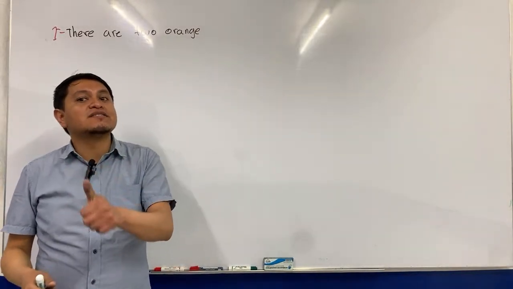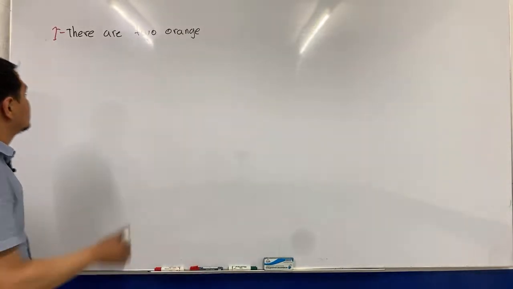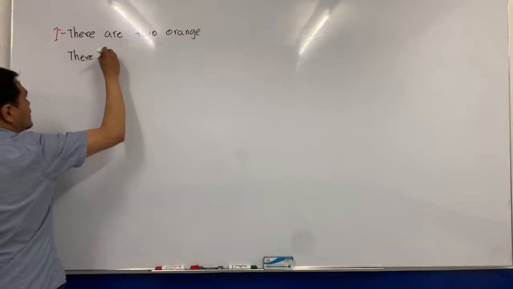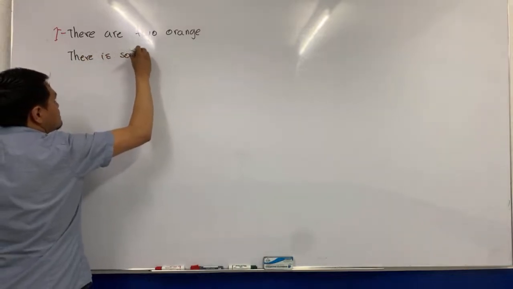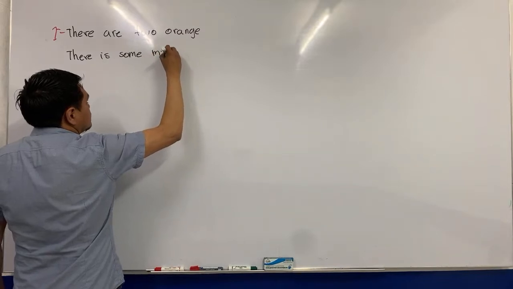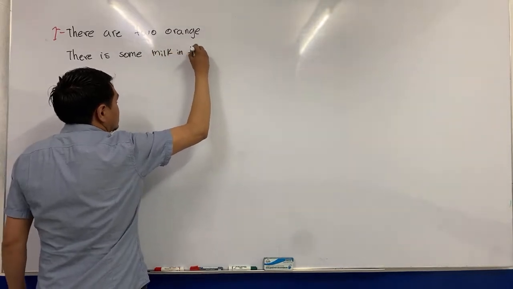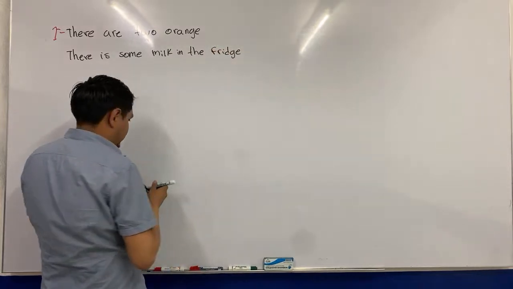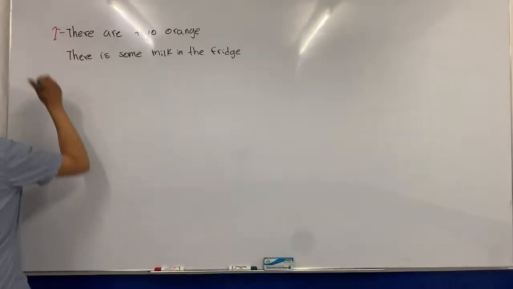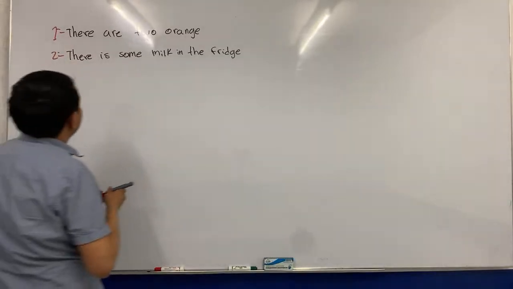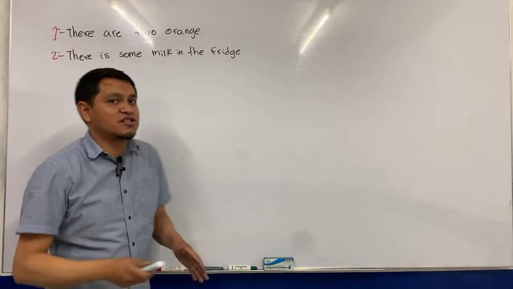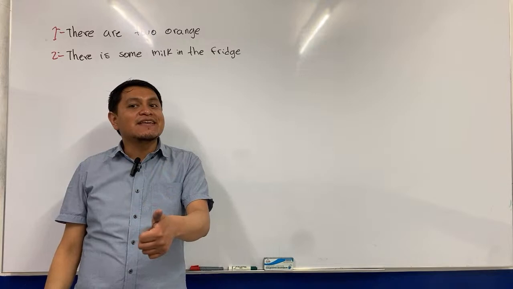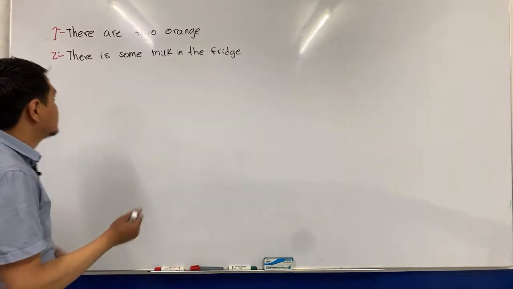Next, there is some milk in the fridge. Correct or incorrect? Next, there isn't a car in the garage.